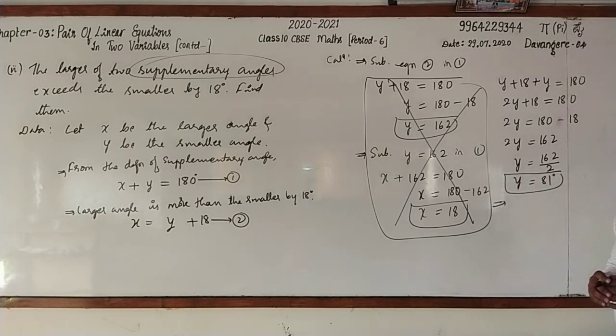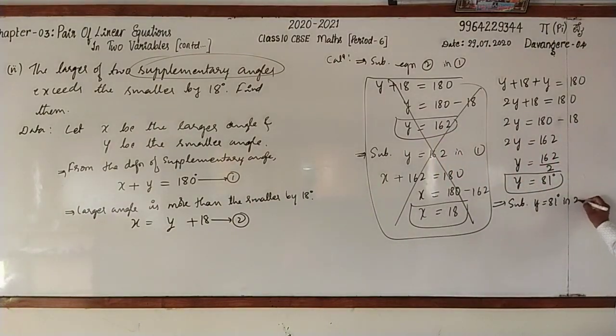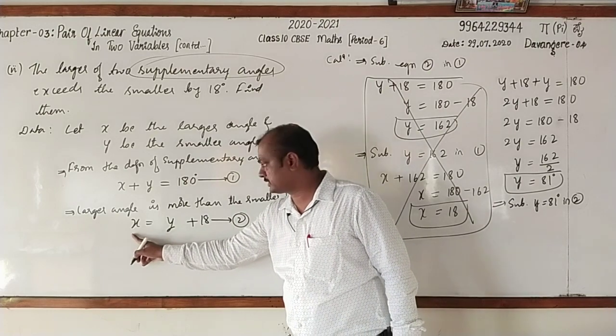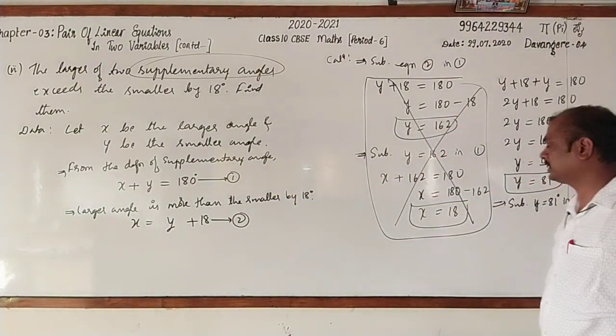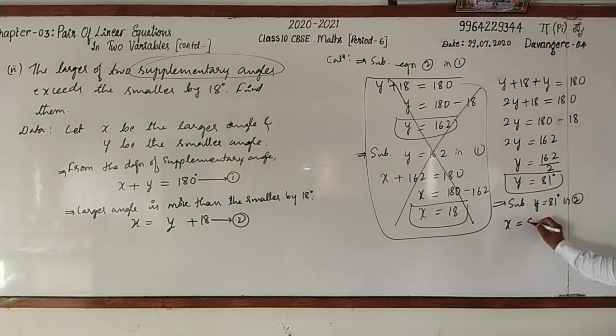Next we have to find x. Substitute y equal to 81 degrees in any one of these two equations. I'll take equation 2 because, as we are going to find the value of x, there is a direct equation. x is equal to y plus 18. y is 81 plus 18. Hope that you have understood.